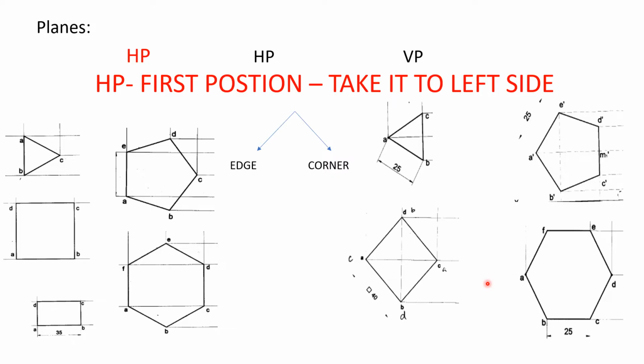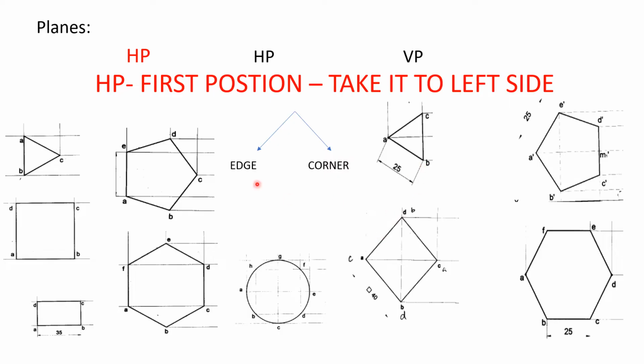There's one more way by which you can remember this. Whenever we say it is resting on an edge, make sure that any one of the edges is perpendicular to the XY line. You can see this line, this line, or this line. All these lines are perpendicular to the XY line. And when it comes to resting on a corner, you can remember that either a median, bisector, diagonal, or the diameter is parallel to the XY line.